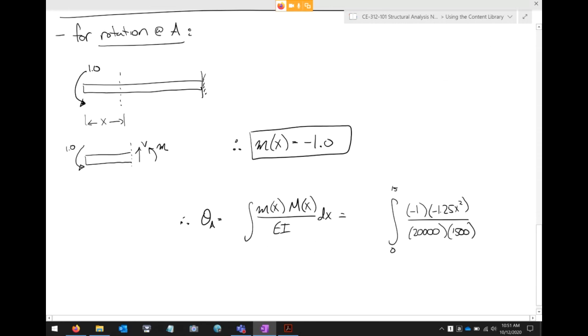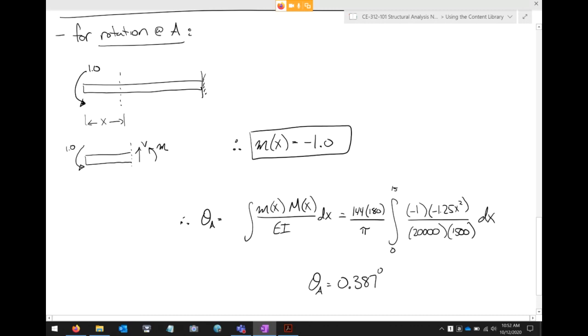Although instead of your conversion factor being 1728, it's going to be 144 times 180 over pi. And so when you chug that out, I'll do it for you real quick. You should get theta at A is 0.387 when you do all of that.